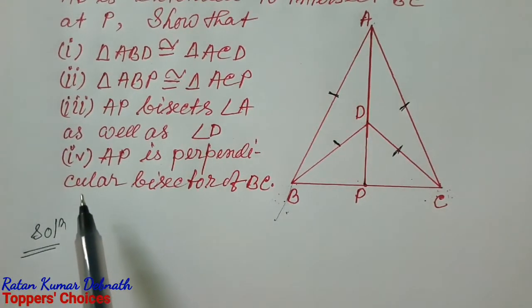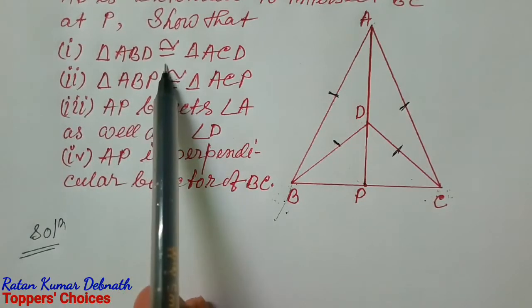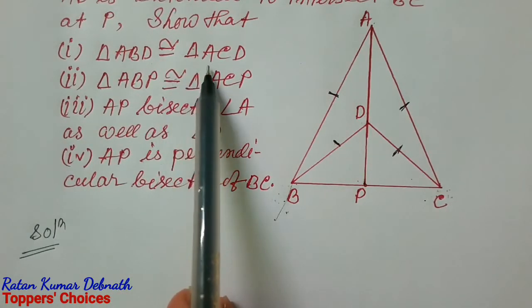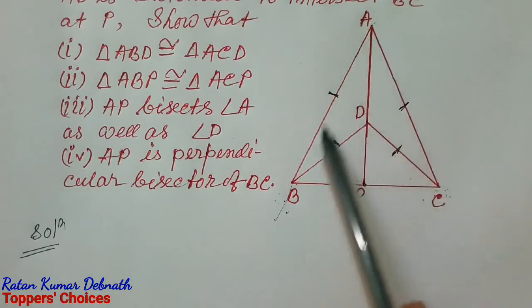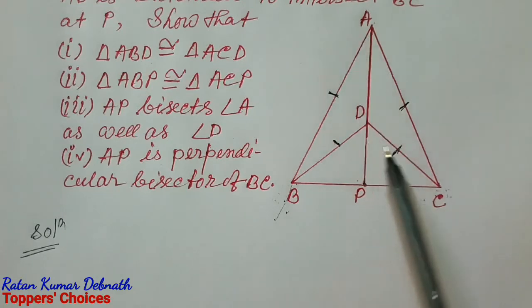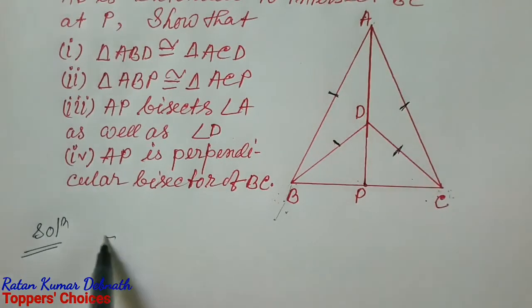Let's start proving the first question. We have to prove here triangle ABD congruent to triangle ACD. That means this triangle congruent to this triangle.